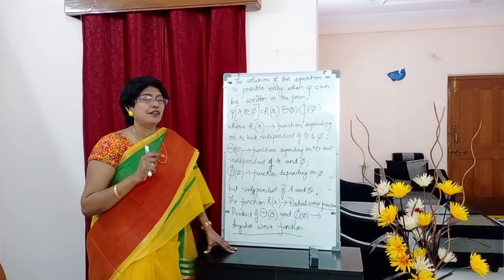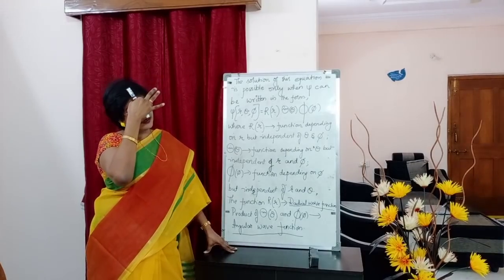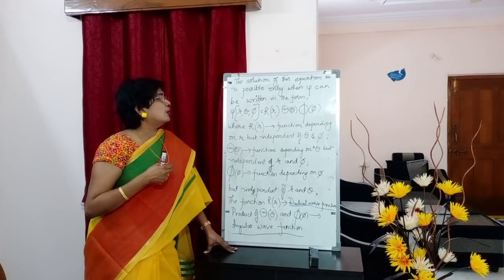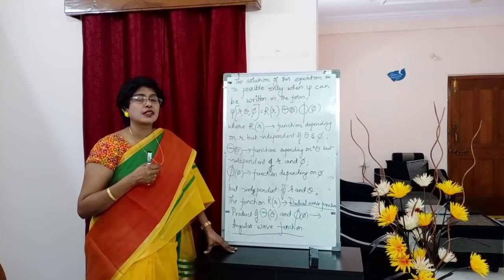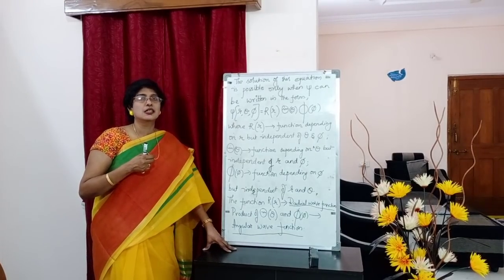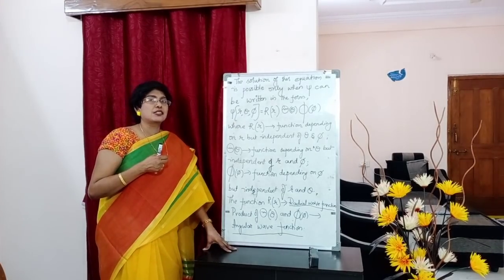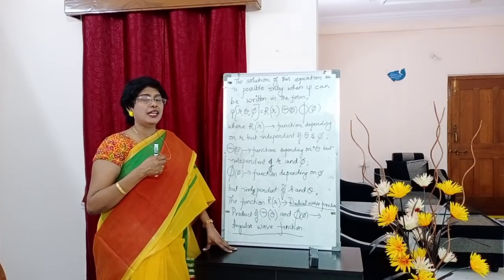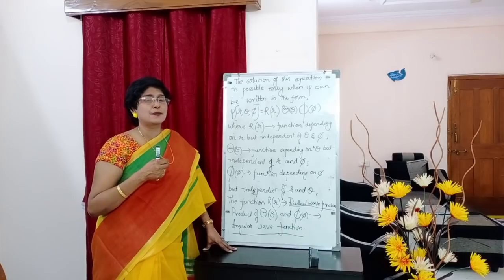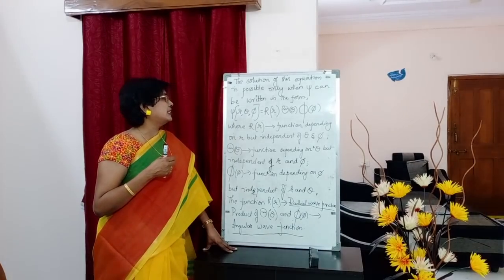Psi means the wave function. So write down that only, students. The solution of this equation is possible only when psi can be written in the form. Below write down psi of r theta phi. So you remember what r theta phi are? Spherical coordinates, right? Psi of r theta phi.